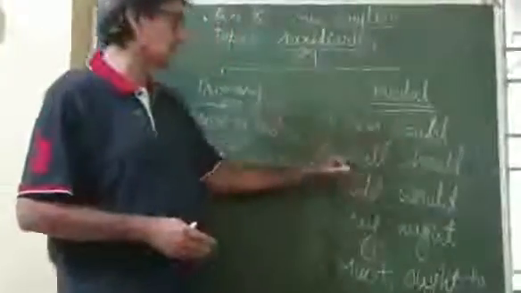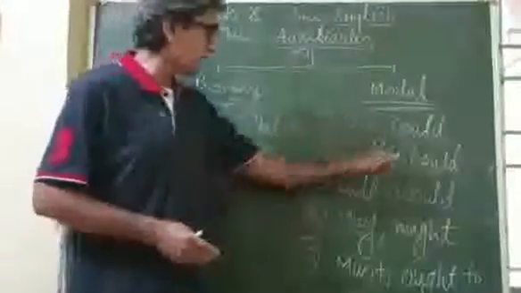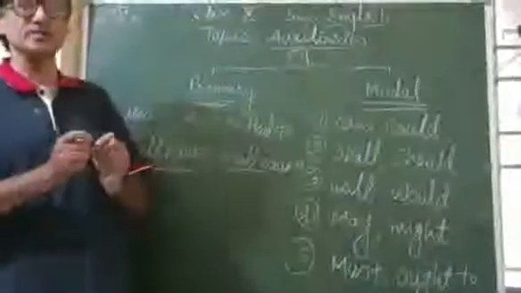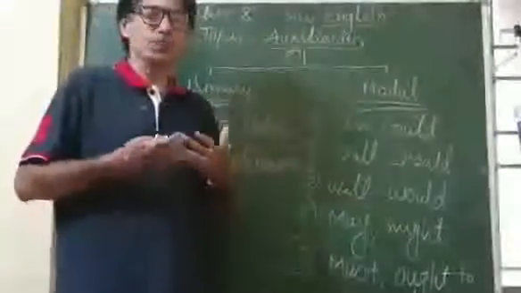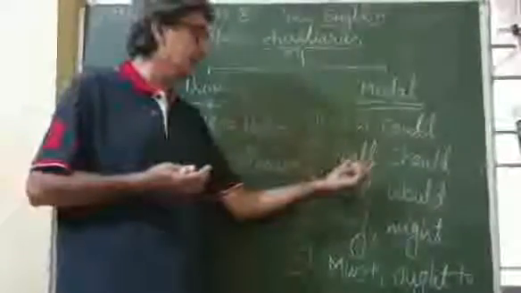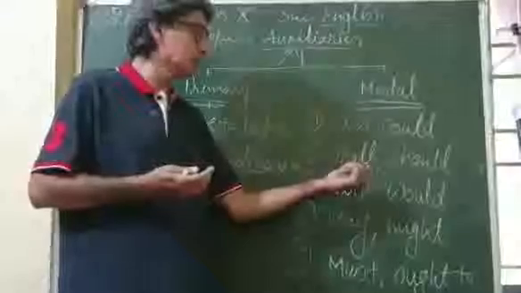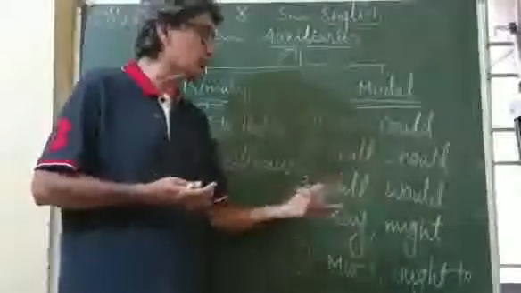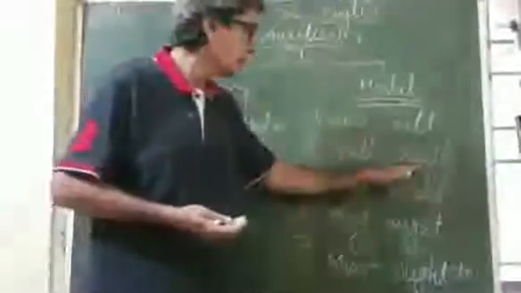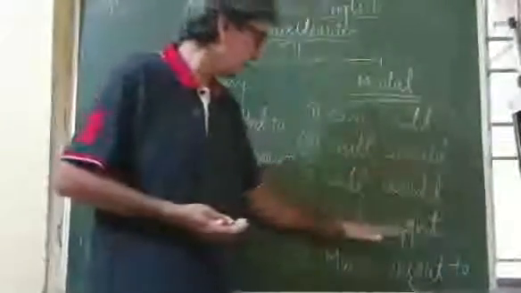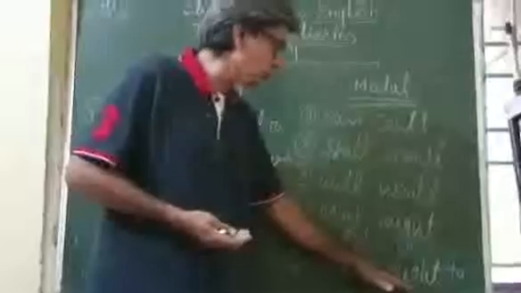The third category, which is used for shall, should, or ought to, shows sometimes compulsion, or suppose we can say an idealistic situation or intention. Suppose you should do this work. You ought to do this work.